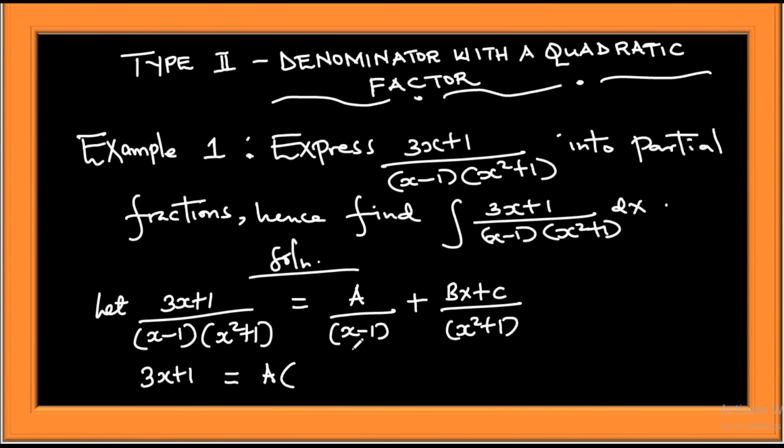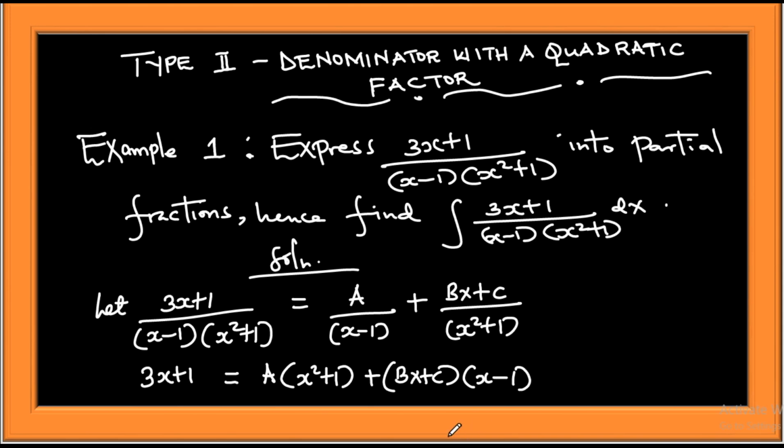You now get the LCM, which is the product of the two brackets, divided by x minus 1. You remain with x squared plus 1. And then plus (Bx plus C) into brackets. We get the LCM divided by x squared plus 1. That means we remain with x minus 1.